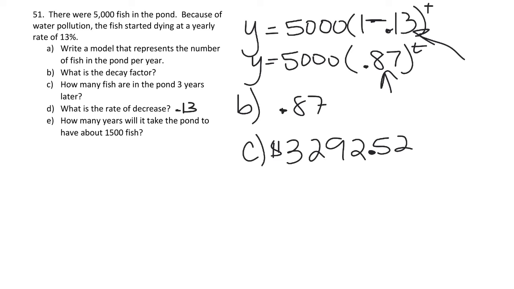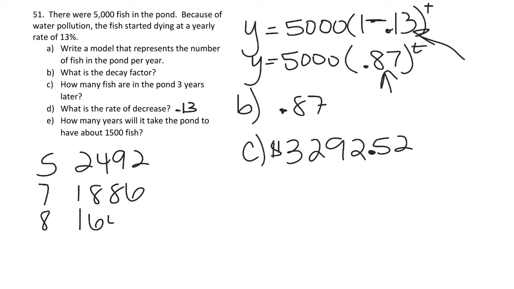So we're going to take our model and do that whole guess and check thing. So I'm going to try 5 years. In 5 years was 2492. So I'll try 7 years. 7 years was 1886. Try 8 years is 1641.